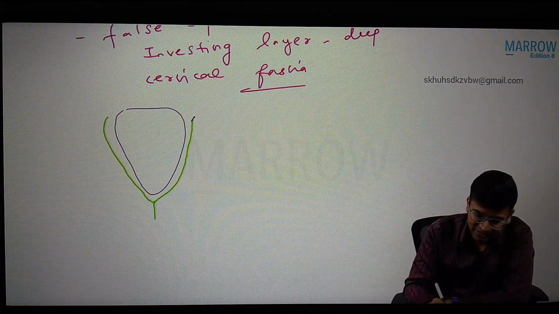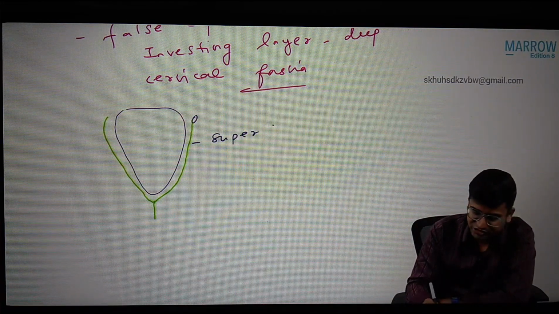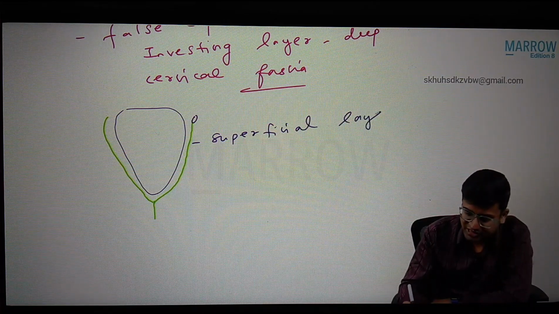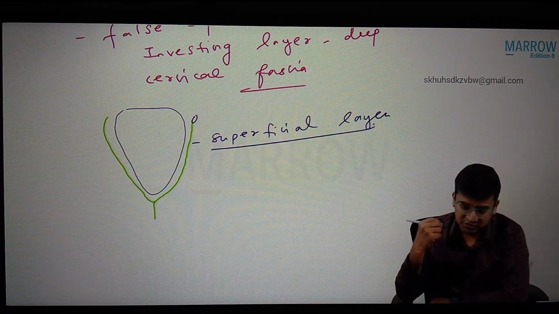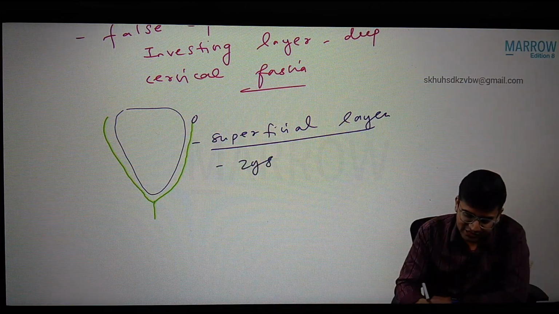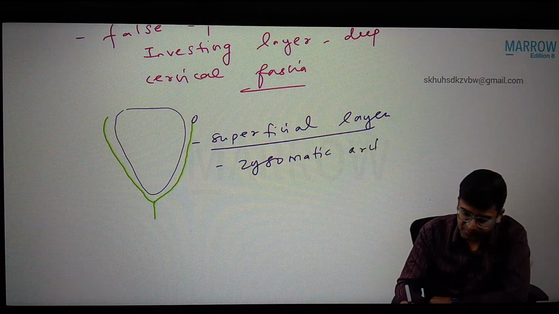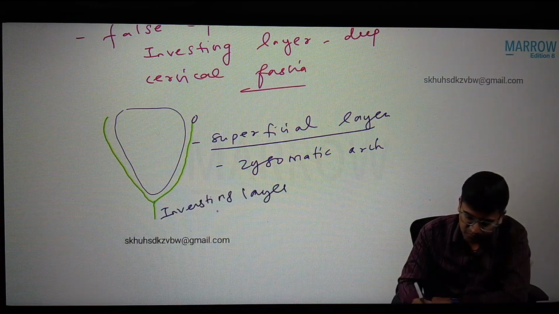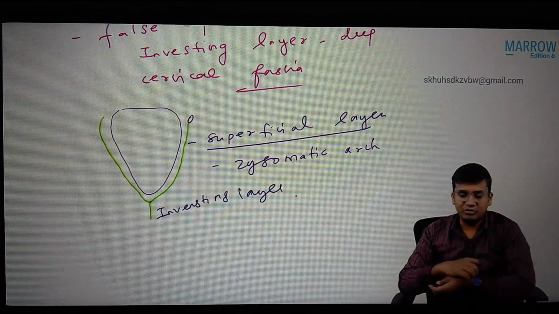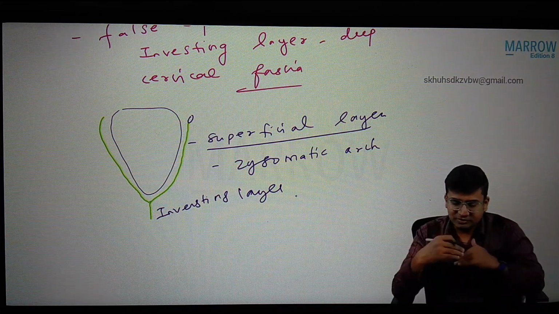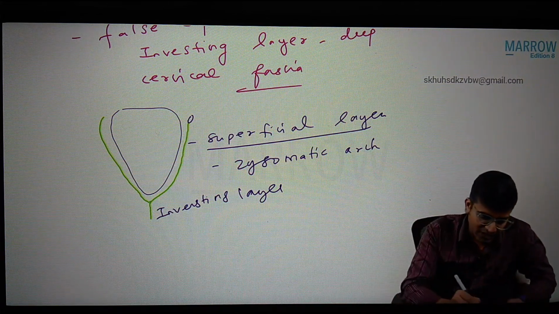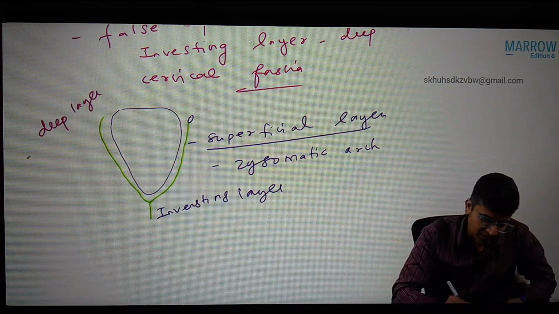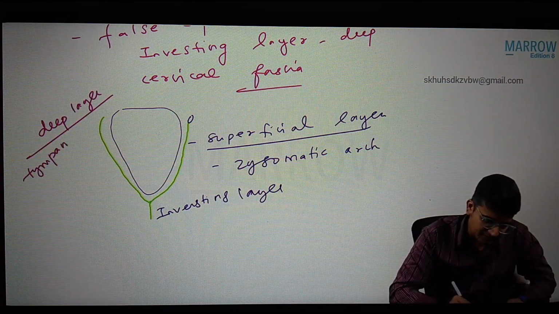The superficial layer of the false capsule is attached to the zygomatic arch, and the deep lamellae is attached to the tympanic plate.